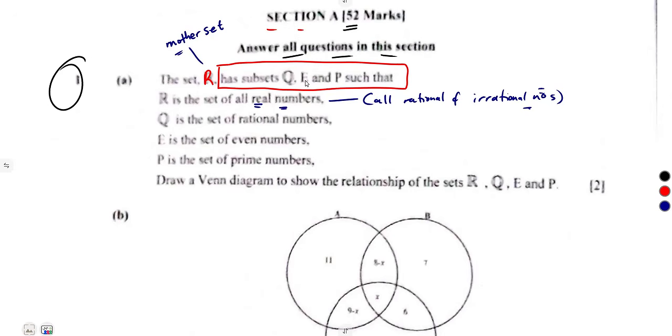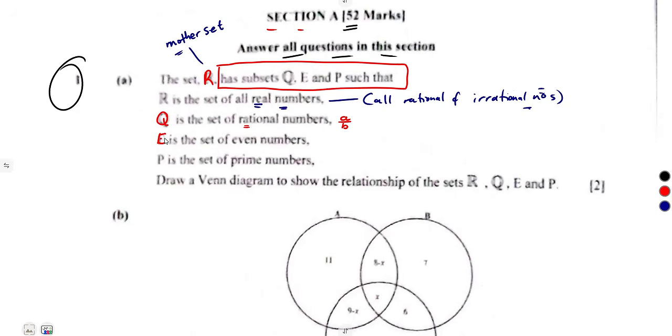So it is the mother set, as we are given the set Q is the set of what? Rational numbers. Remember, rational numbers are those numbers that can be expressed as a fraction A over B, where these are whole numbers. So you can have 2 over 3, whole numbers, 2 minus 3, integers. We can consider those as rational numbers.